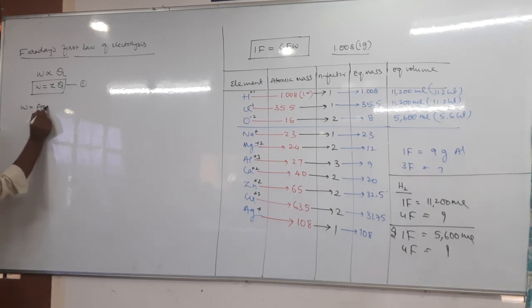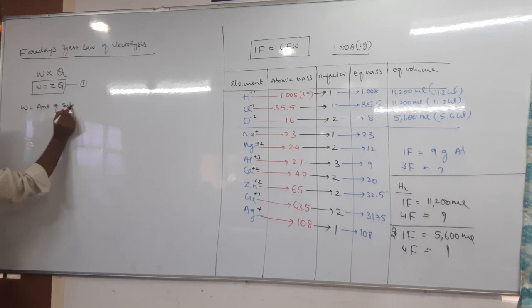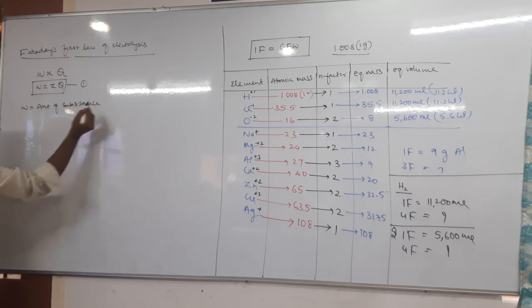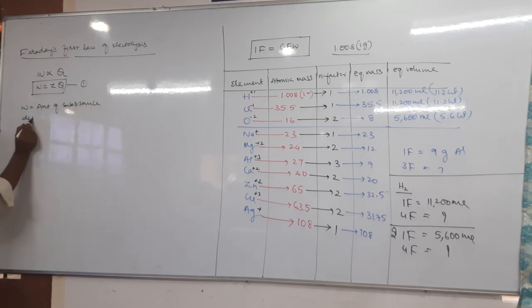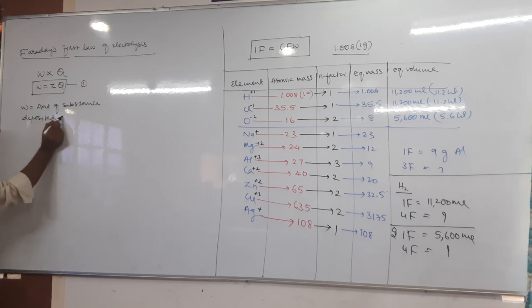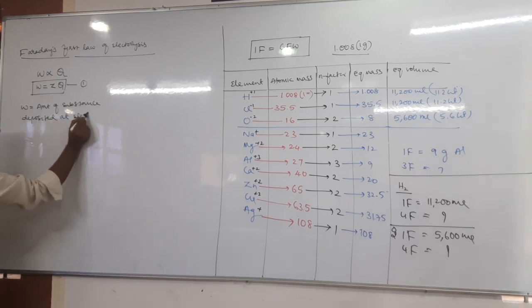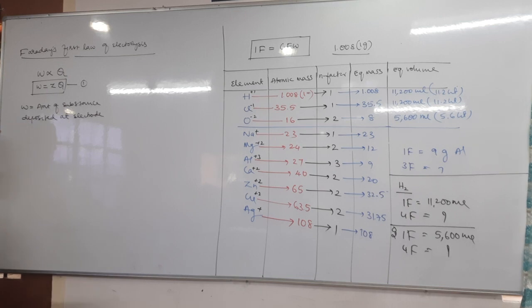Take down, where W is the amount of substance deposited at the electrode. It may be cathode or anode.